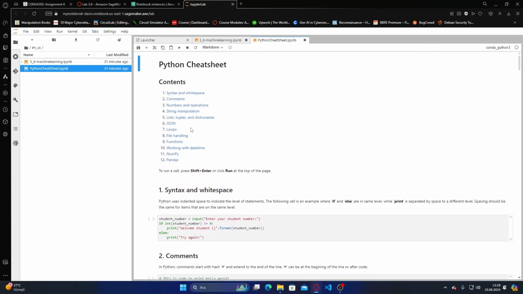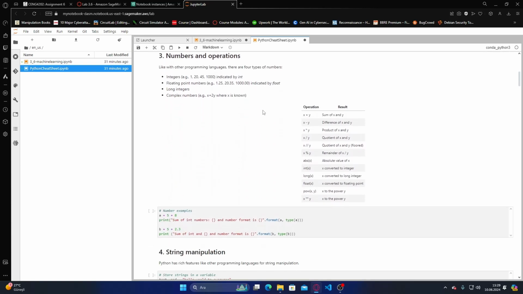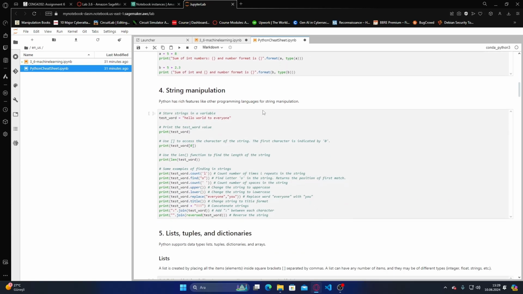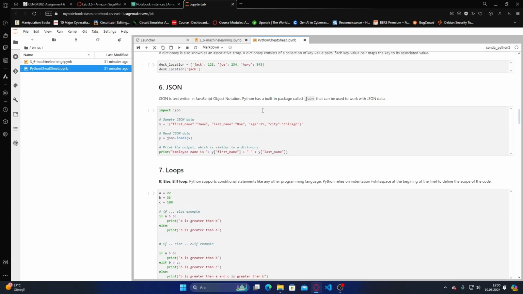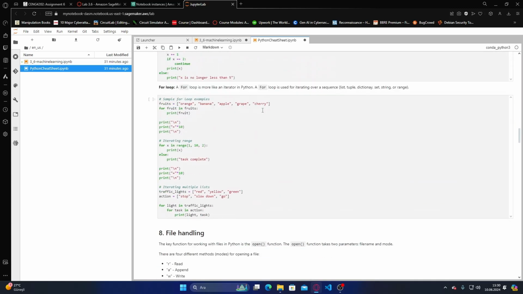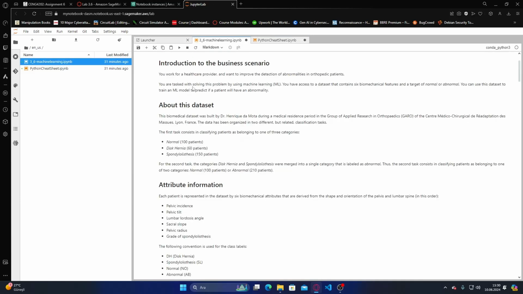There's a cheat sheet. It gives some manipulation of lists, tuples, dictionaries, and basic stuff. If you go to 3.6, okay, in this business scenario, you work for a healthcare provider and want to improve the detection of abnormalities in orthopedic patients.